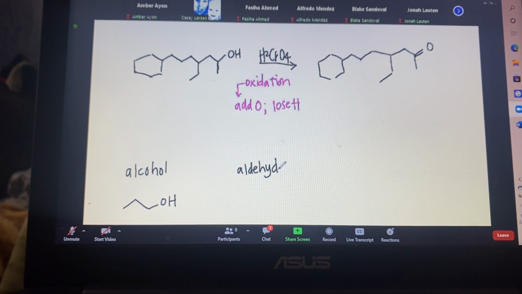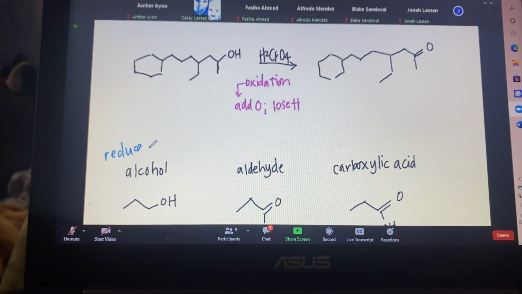So if we go from alcohol to aldehyde to carboxylic acid, this is kind of the ranking going from something reduced to something that's oxidized.